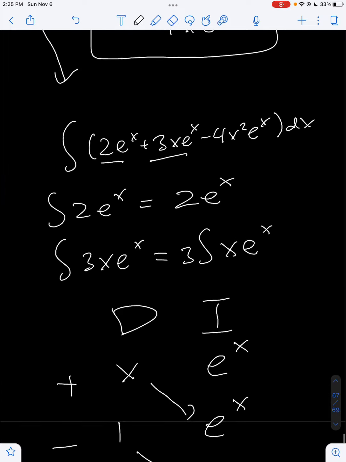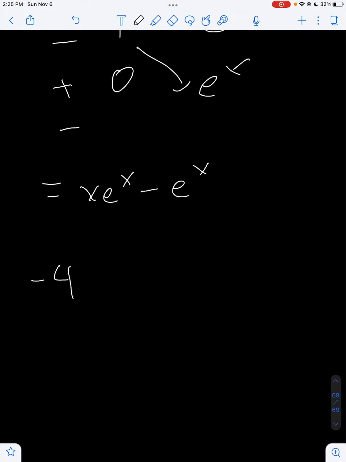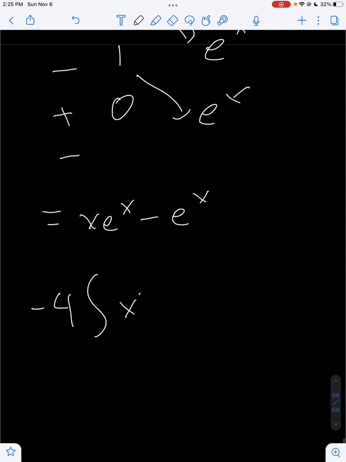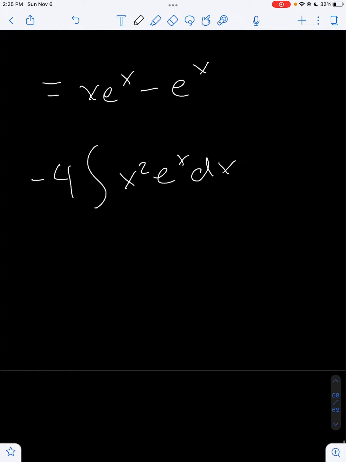Okay, and for our fourth integral, you want to find out what negative 4 times the integral of x squared e to the x is. We should have a dx in all of these integrals, by the way, but I was just being a bit lazy. Again, we use the DI method for that. We have plus, minus.